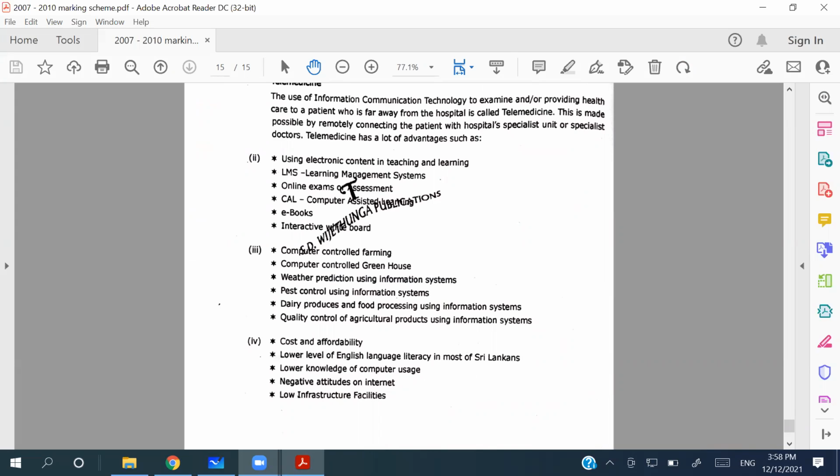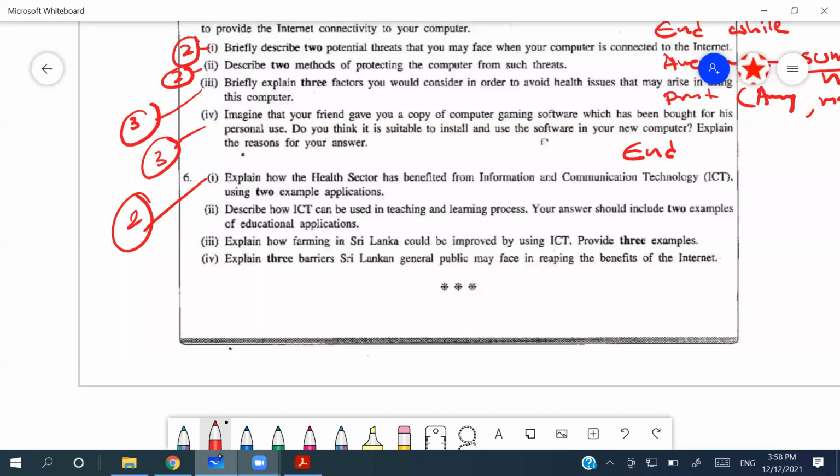So those factors can be given. How was the marks portion? 2 examples, so it can have 2 marks.